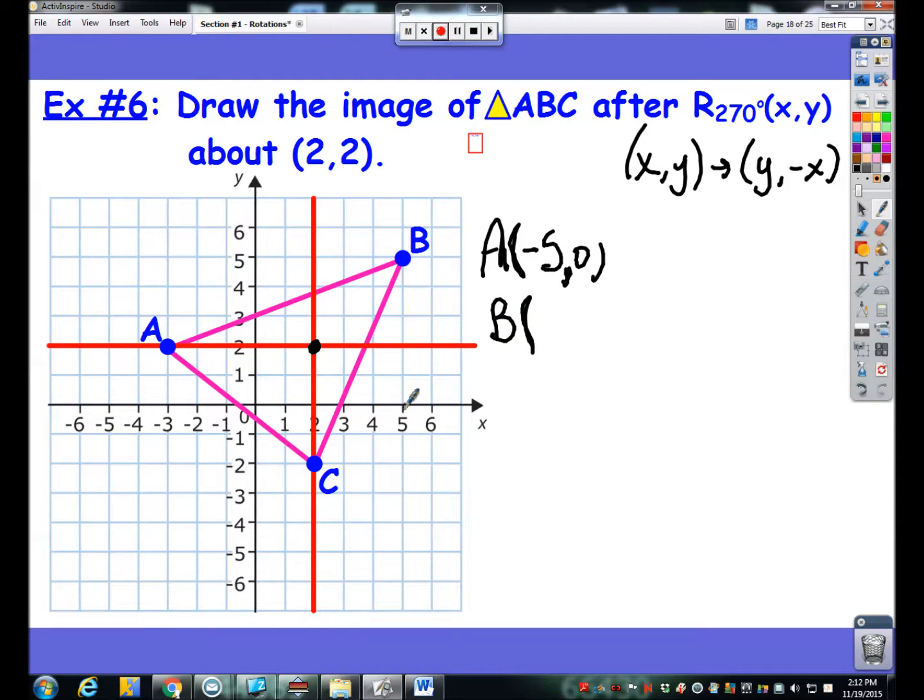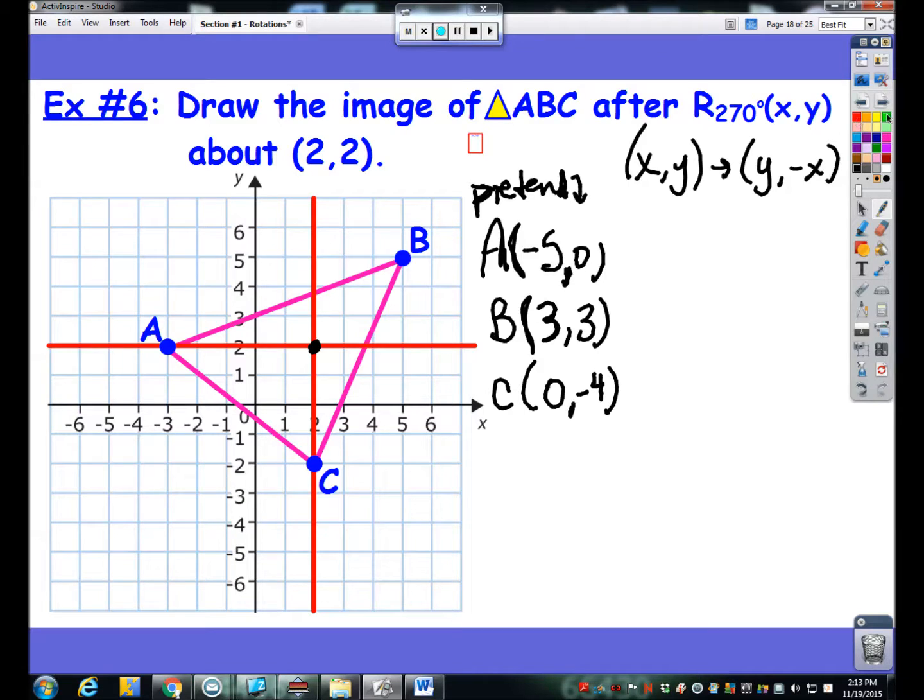B is really at 5, 5, but according to our new 0, 0, it's at 1, 2, 3, it's at 3, 3. And our pretend C, normally it's 2, negative 2, but according to our new 0, 0, it's at 0, 1, 2, 3, 4, 0, negative 4. Now again, these are all really the pretend coordinates for A, B, and C, if we pretend that 2, 2 is really 0, 0.